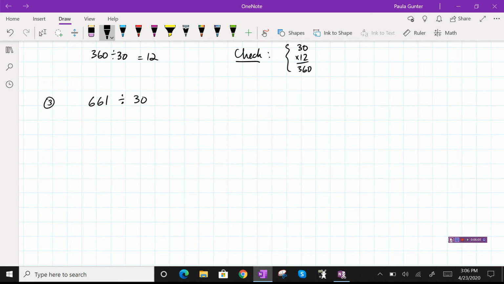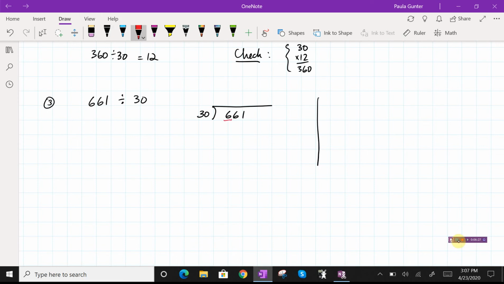Doesn't matter that the dividend is not a nice tens. We're still going to progress the same way. So the divisor is 30. We have 661. And now we're going to go through and do each step as we did before.